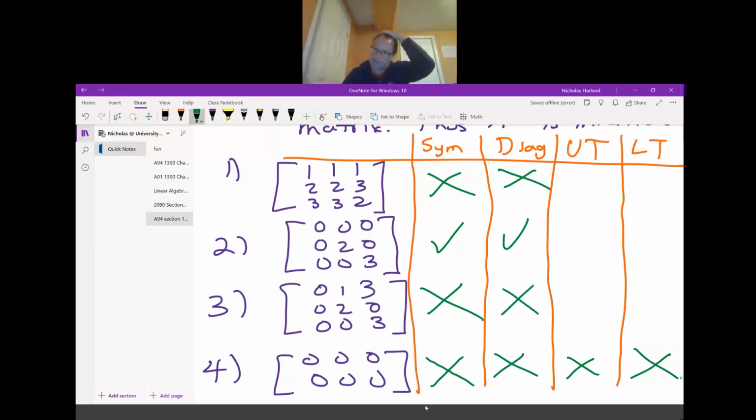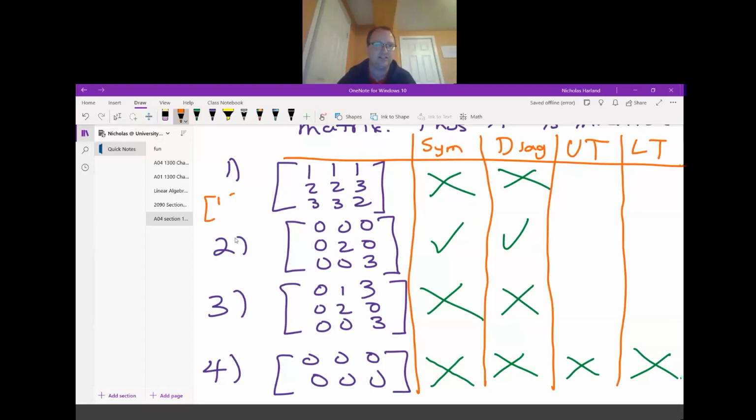Nay, that's right. Now, I picked some poor examples, and I realized this in my class yesterday. If you're not careful, this might seem like being symmetric and being diagonal are the same thing. That's not true, right? So if you're symmetric, do you have to be diagonal?